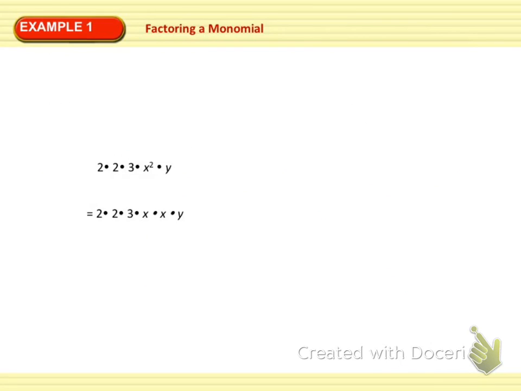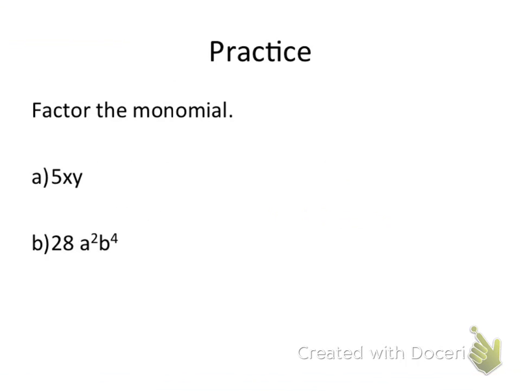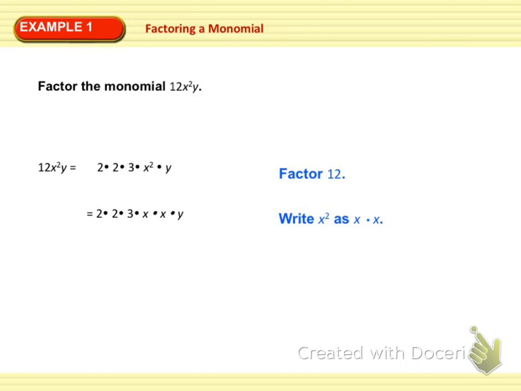So let's factor a monomial. We're going to factor the monomial 12x squared y. The first thing that's going to happen is you're going to factor the number 12. When we factor the number 12, what does that mean? We want to break it up. So how would you factor 12?